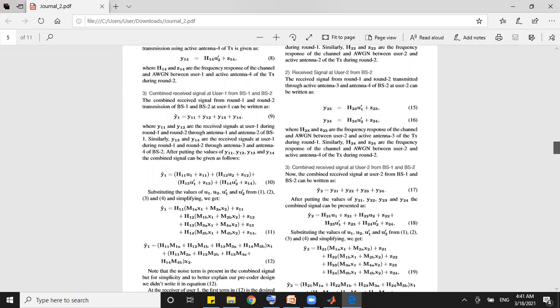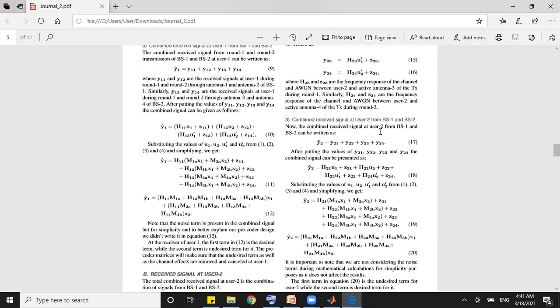Then the combined receive signal at user 2 from base station 1 and base station 2 is calculated by adding the signals from both base station 1 and base station 2, because base station 1 is employing dual transmission, base station 2 is also employing dual transmission, and these dual transmissions occur simultaneously, and the combined receive signal is the addition of all these terms.